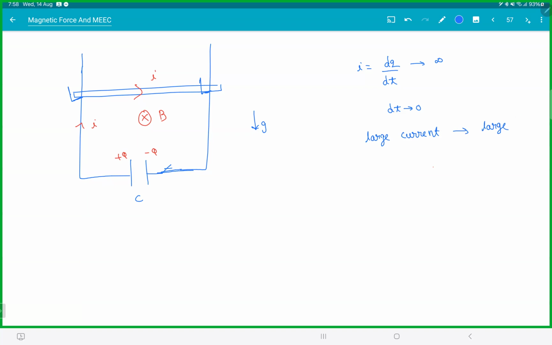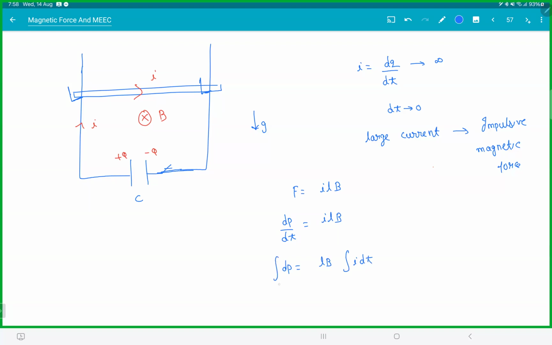This is a large impulsive magnetic force. I'll just say impulsive, that itself means large. So the force on the rod will be I into L into B. But what is force? dp by dt, the rate of change of momentum. So dp is equal to LB integral I dt.